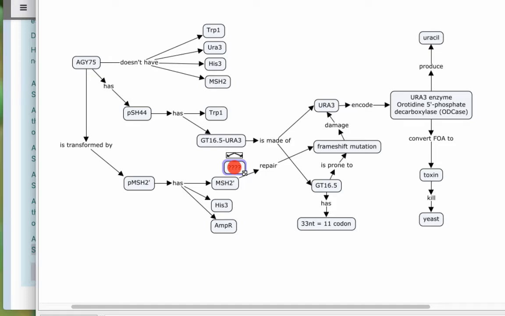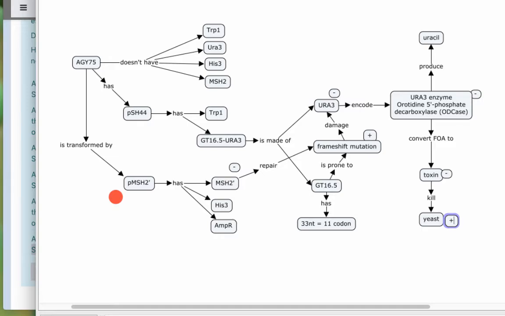So we put a negative sign next to MSH2, which means it cannot repair frameshift mutation. Then the URA3 gene is non-functional, the enzyme is not present, toxin is not produced, and the yeast is going to grow. This is how to use the genotype to predict the final phenotype or growth pattern.